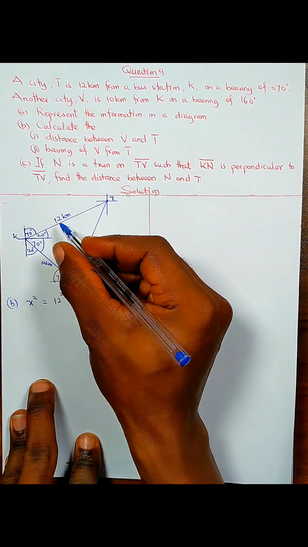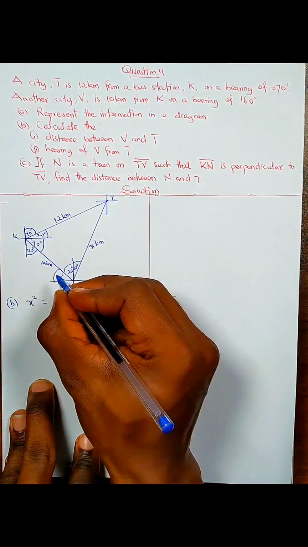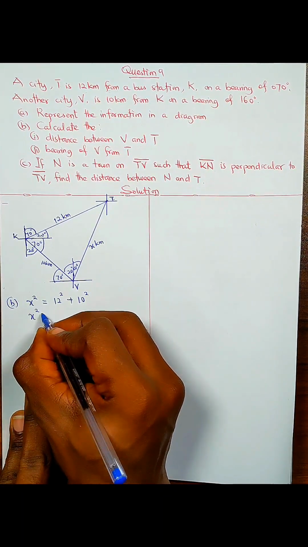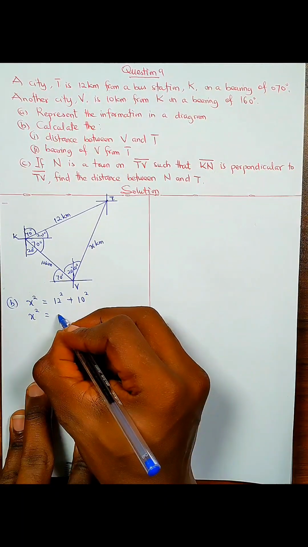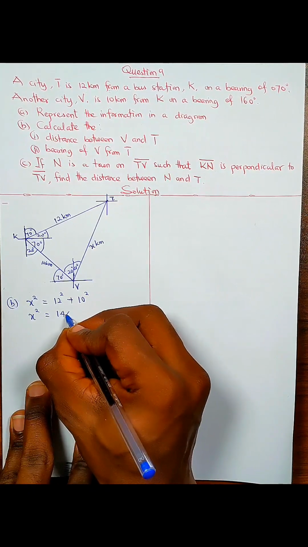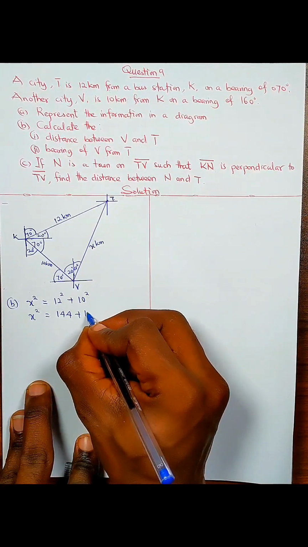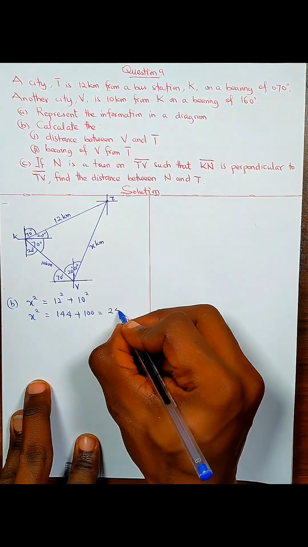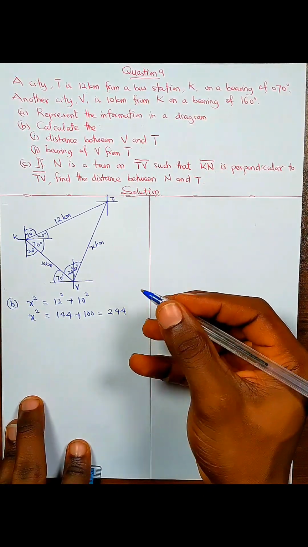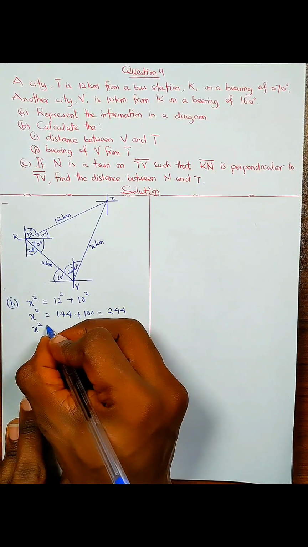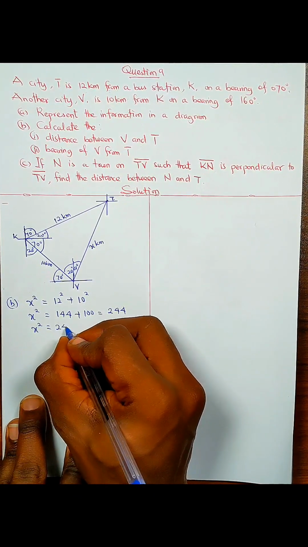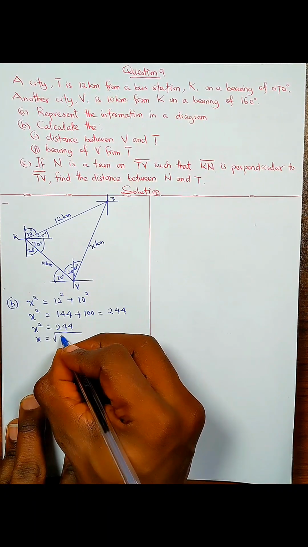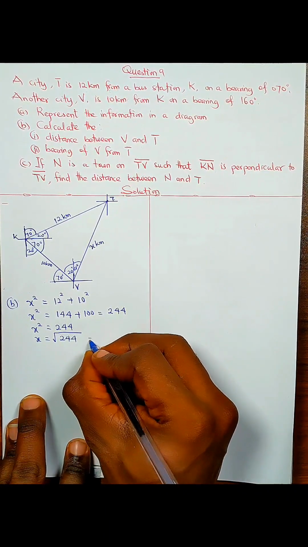So 12 squared plus this side, which is 10 squared. So x squared is going to give us 12 squared is 144 plus 10 squared, which is 100, which is equal to 244. So x squared is equal to 244.